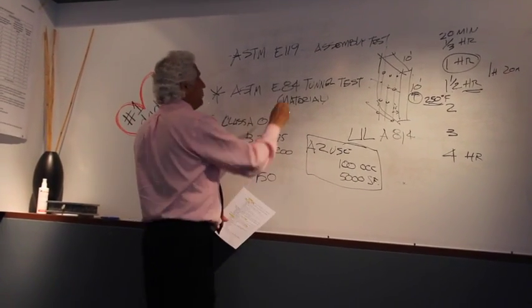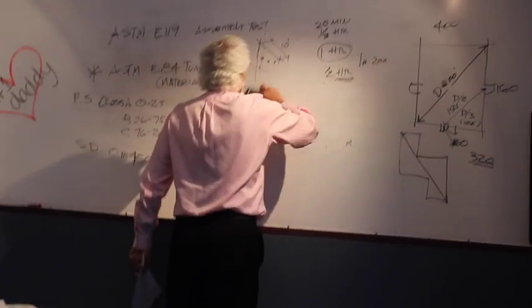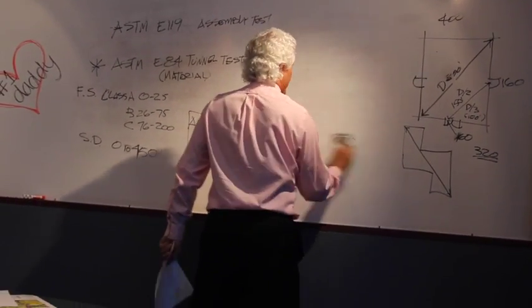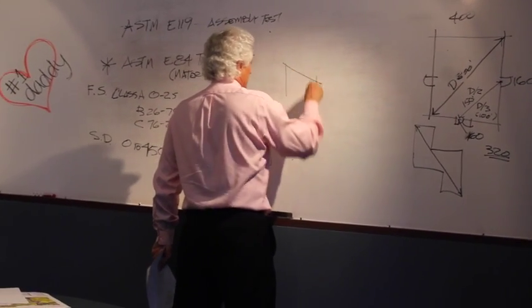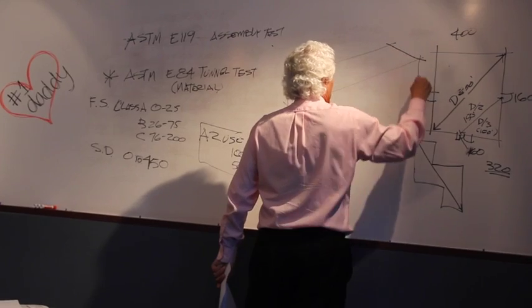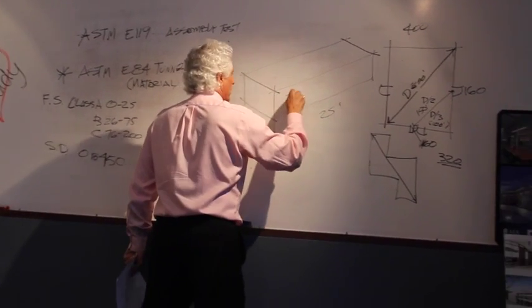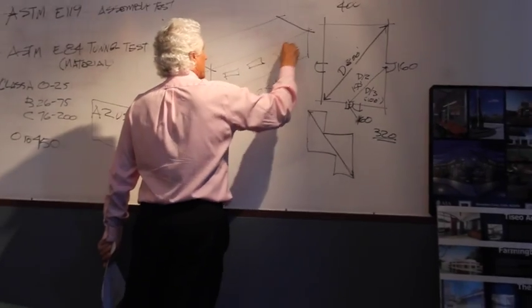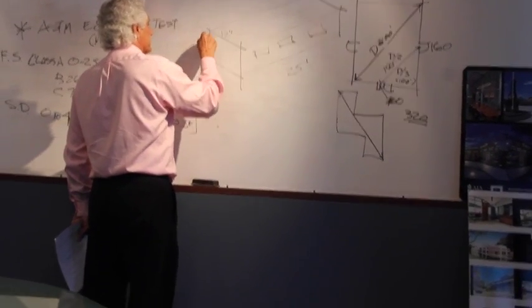The last piece of what the tunnel test is, in fact, a tunnel. And what they do is they have these tunnels. They're 25 feet long, and they have these windows on them. They are 12 inches wide and 18 inches high.